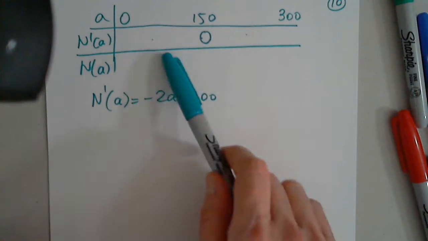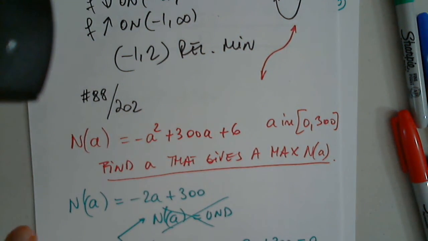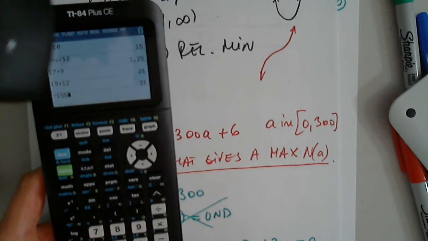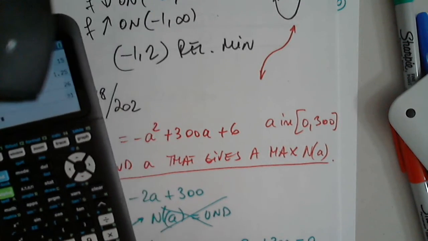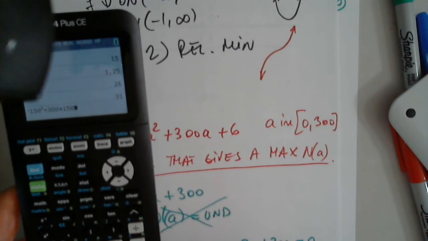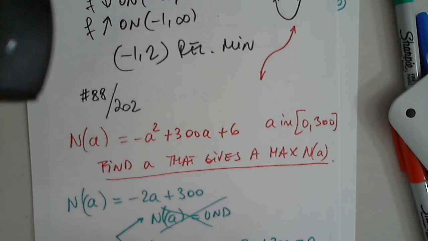I need someone to give me the sign. And in the meantime, we have to plug in 150 into this function. So negative 150 squared, and then plus 300 times 150, and plus 6. I got 22506. Correct me if I'm wrong.